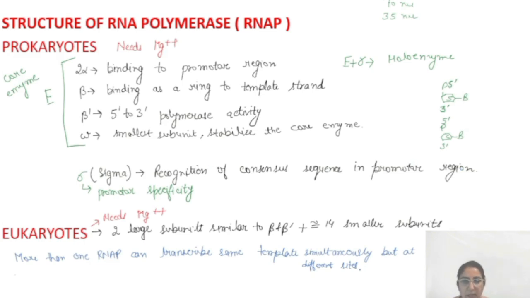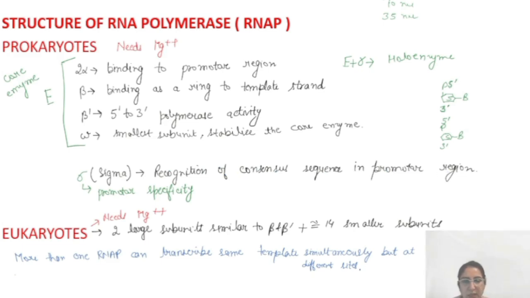So, what are the consensus sequences? These are the frequently and constantly occurring sequences in any molecule. So, in the case of prokaryotes, we have the Pribnow box or TTGACA or some other sequences like this. This sigma molecule actually recognizes the consensus sequences in the promoter region.